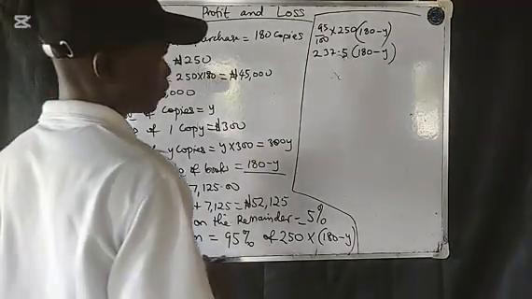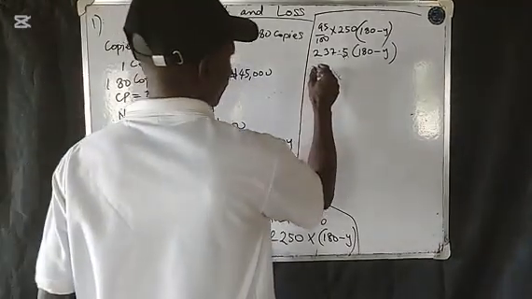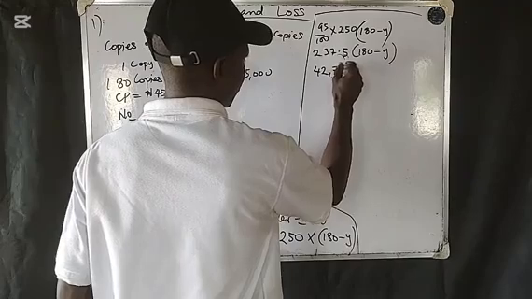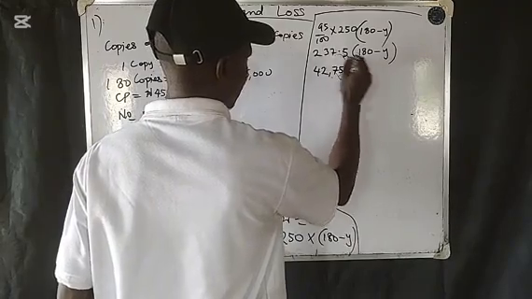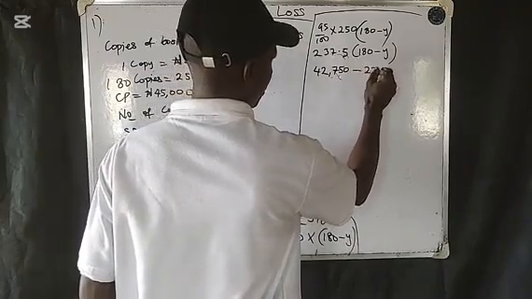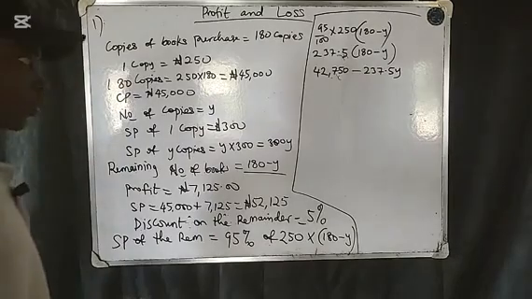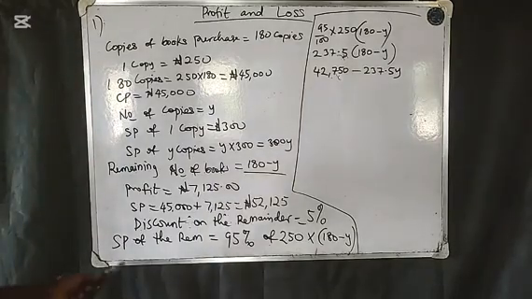That gives 42,750 minus 237.5y. This is the selling price of the remaining.